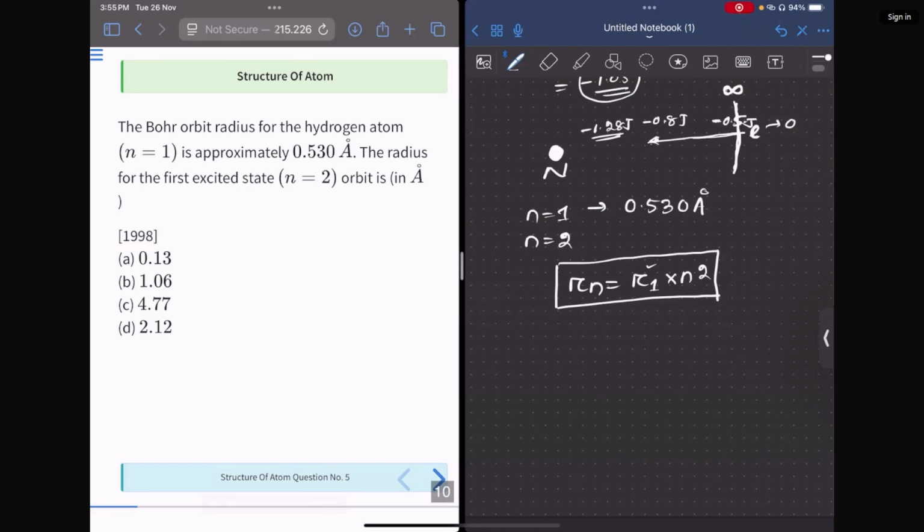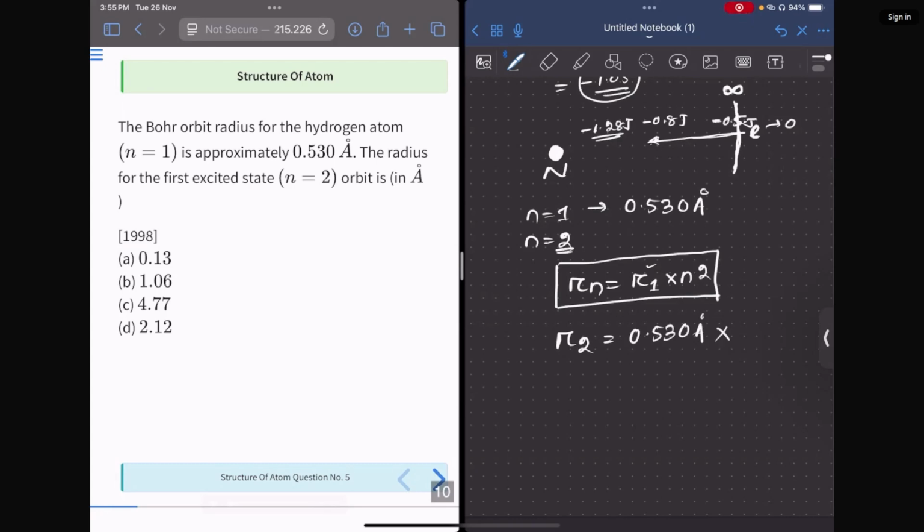Here Rn is the desired radius, R1 is the radius of the first orbit, and n is the principal quantum number or the number of the orbit. So here Rn means R2 for the second orbit, R1 is given as 0.530 angstrom, and n is equal to 2.